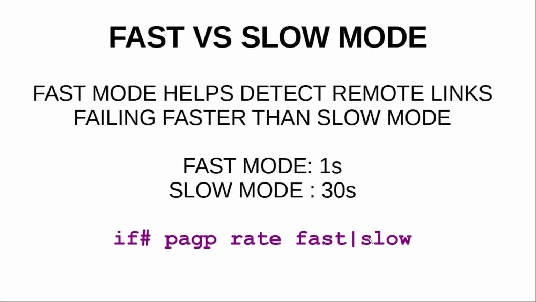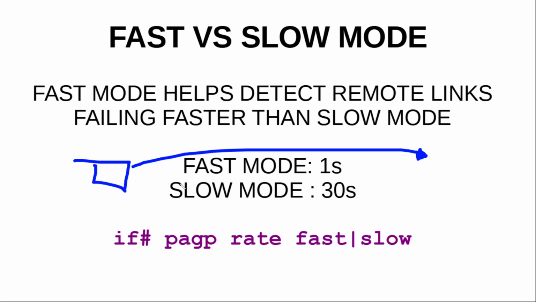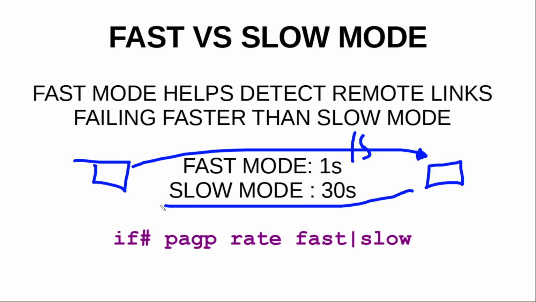Now you have two ways to exchange hellos. Fast mode will send a hello every second between devices, or a slow mode that will send hellos every 30 seconds. And the dead timer, or the way to detect that a device is gone or an interface is gone, is that you stop receiving hellos from the other side.